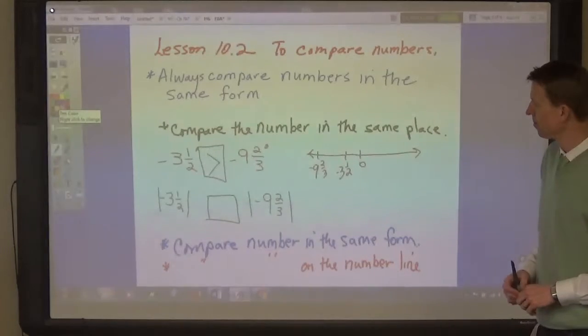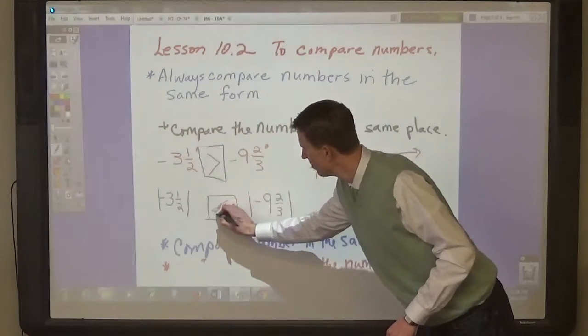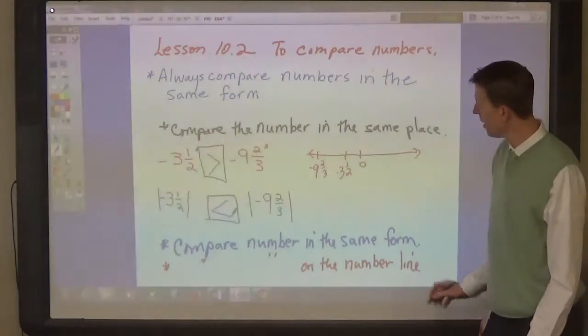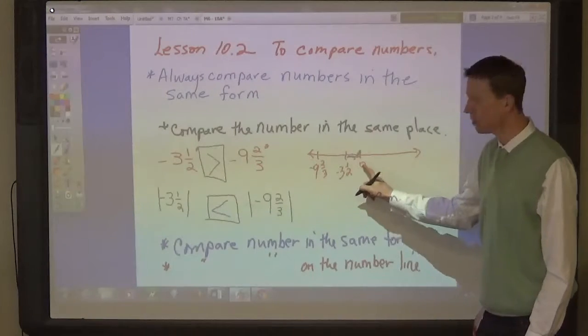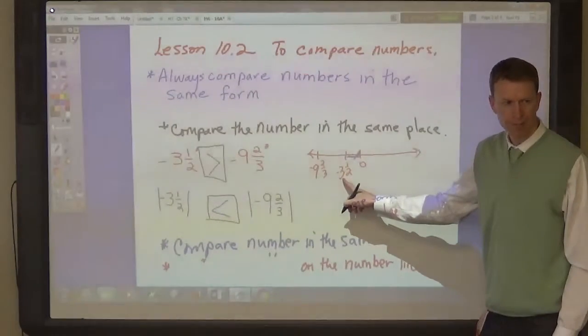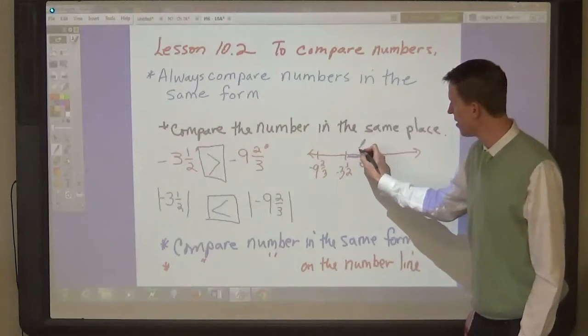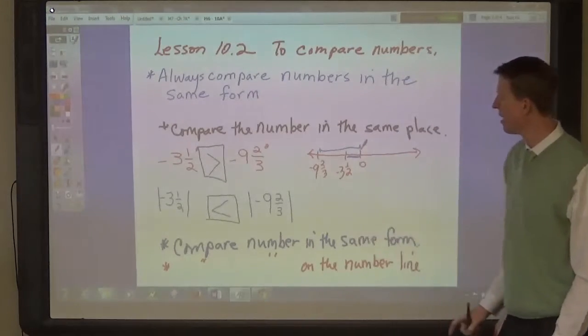Well, the absolute value of negative 9 2/3 is positive, like you just said, which makes it more. Right. Yep, exactly. The distance from 0 to negative 3 1/2 is less than the distance from 0 to negative 9 2/3.